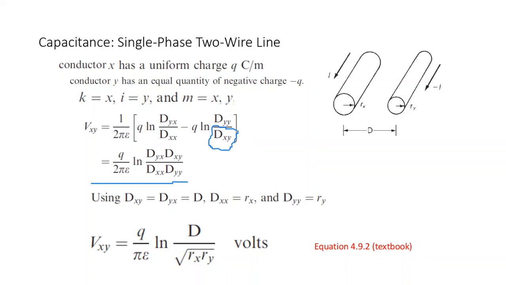They are the geometric mean radius of x and the geometric mean radius of y. In this case, we have only one conductor, so it is the radius. Remember now, it's the radius of the conductor, not r prime. We use r prime, 0.7788 times the radius, in the inductance.